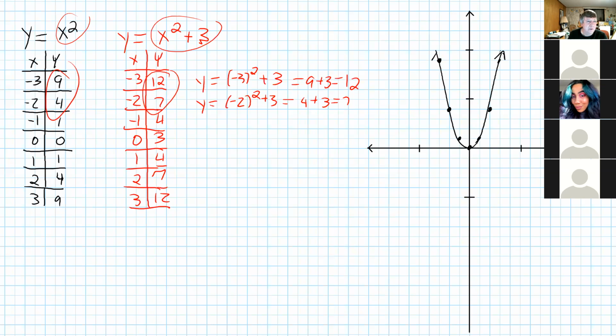Let's get rid of these because we don't need these now. Go back here. Well, let's see. -3, 12 would be up here. -2, 7 would be up there. -1, 4 would be up there. 0, 3, 1, 4, 2, 7, 3, 12.